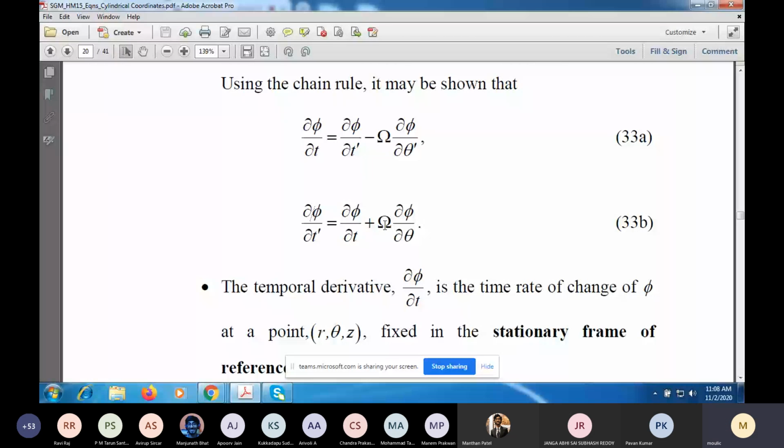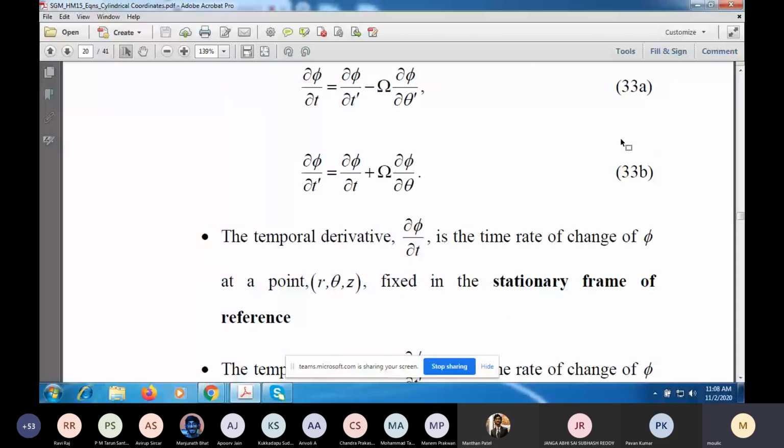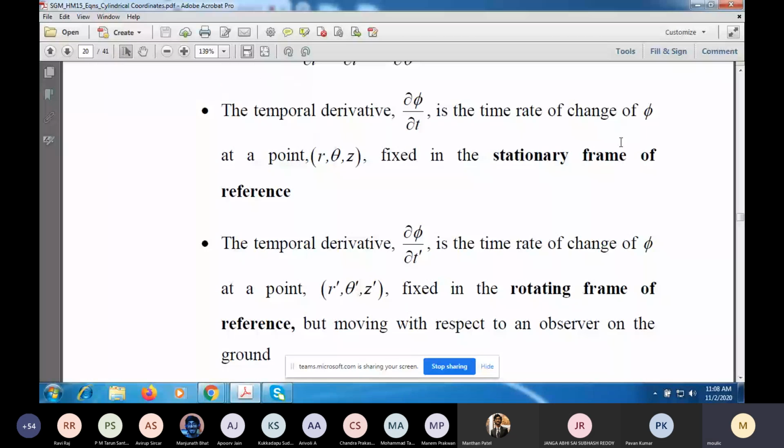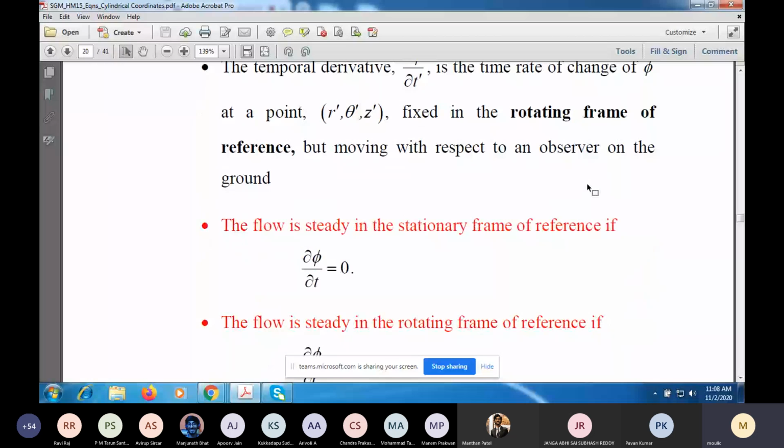So 33a and 33b are equivalent. Now, this is important as far as this course is concerned. If the flow is steady in the stationary frame, then del del t will be 0. And if it's unsteady in the stationary frame, then del del t will be non-zero.